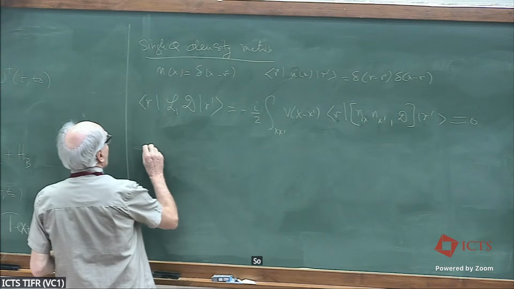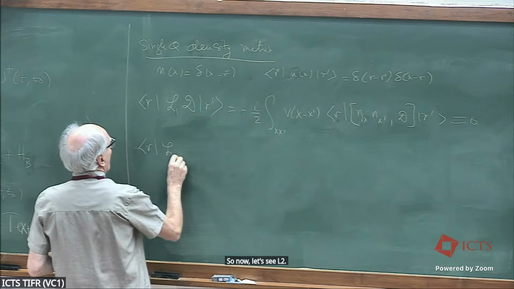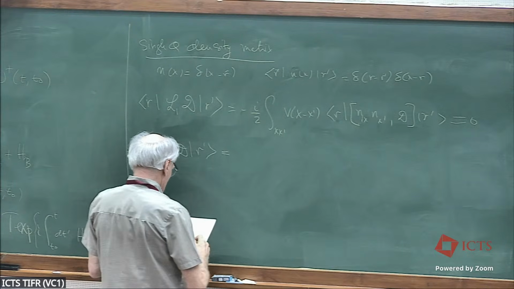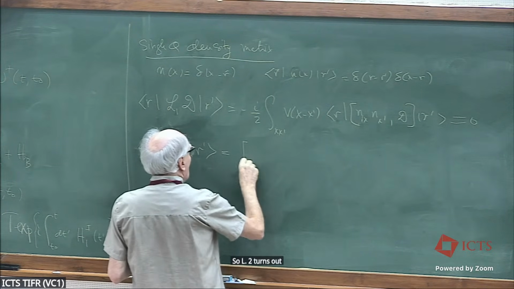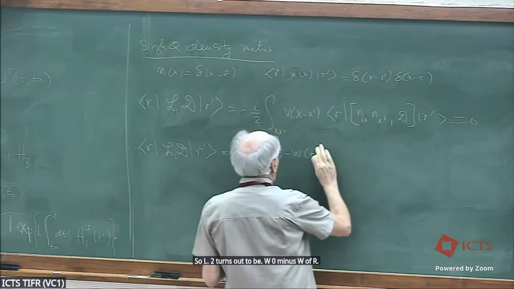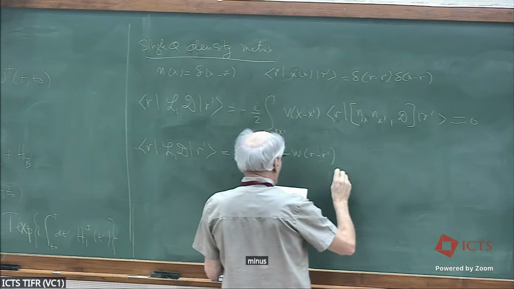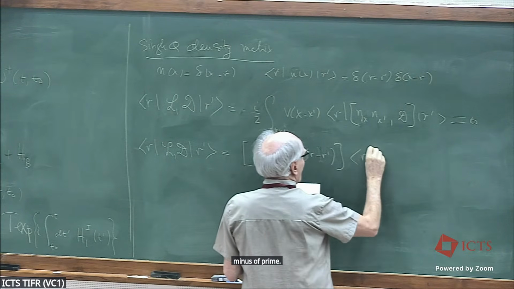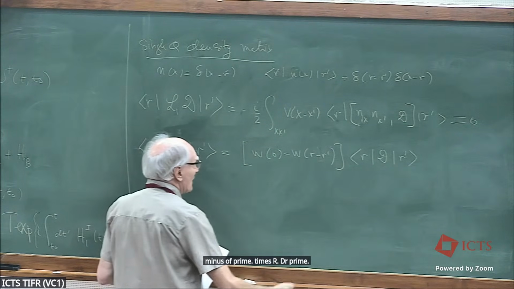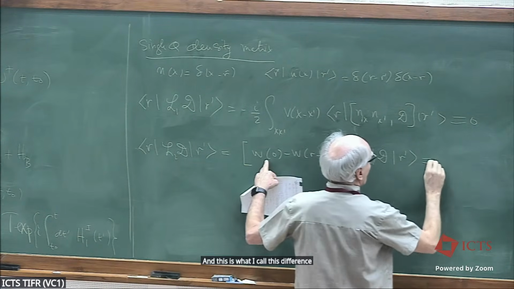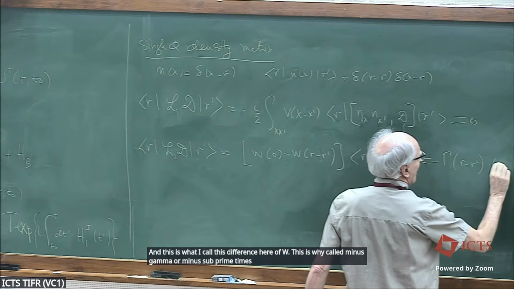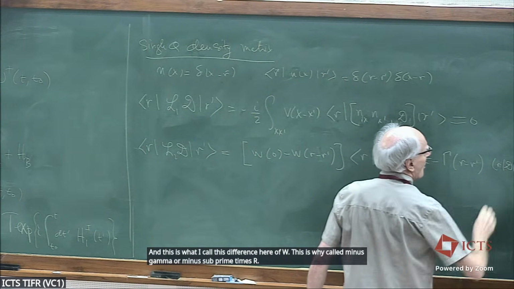Now let's see L2. L2 turns out to be W0 minus W of r minus r prime, times the matrix element r, rho, r prime. This difference of W I call minus gamma of r minus r prime, times r, rho, r prime.